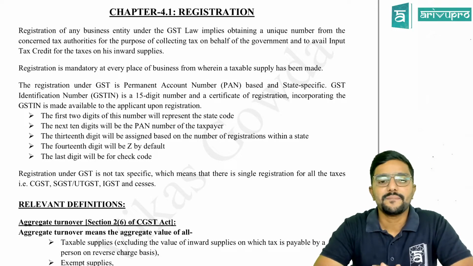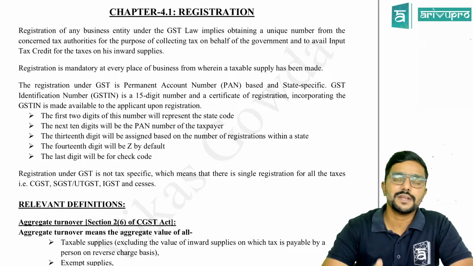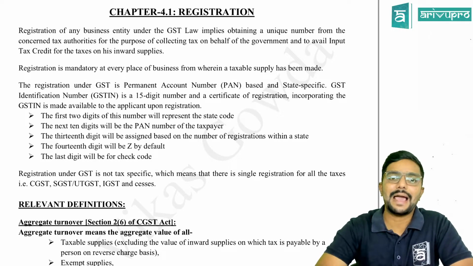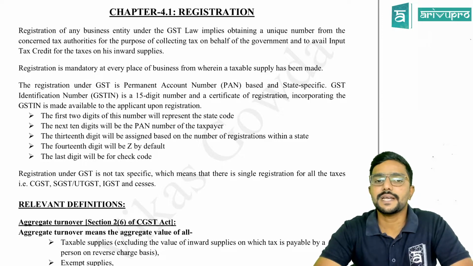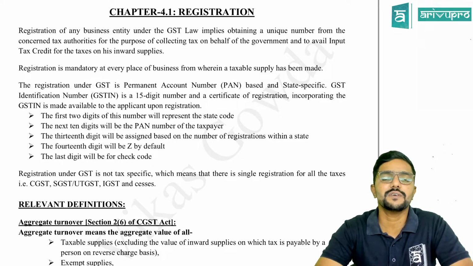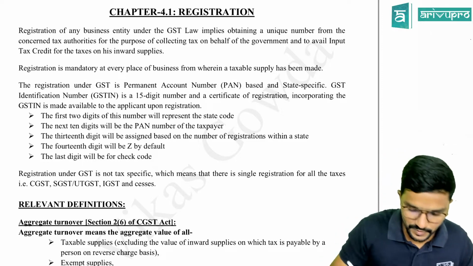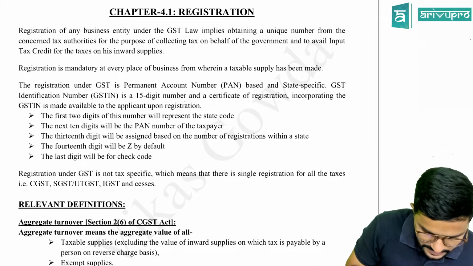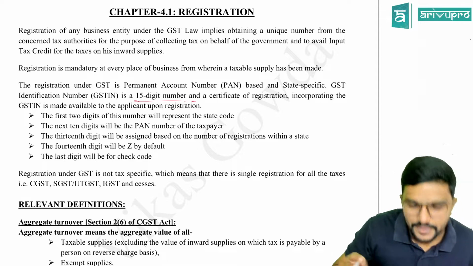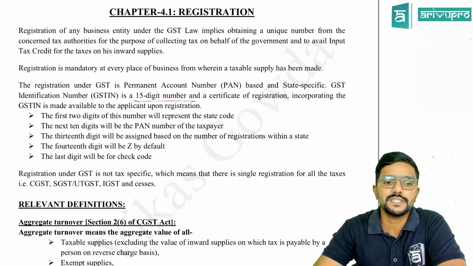Chalo. Now, the registration under GST is PAN based. That is, your registration will be granted based on your PAN. And state specific. That is, you have to get registration for each and every state in which you are operating. GST identification number is a 15-digit number, and a certificate of registration incorporating the GSTN is made available to the applicant upon registration.